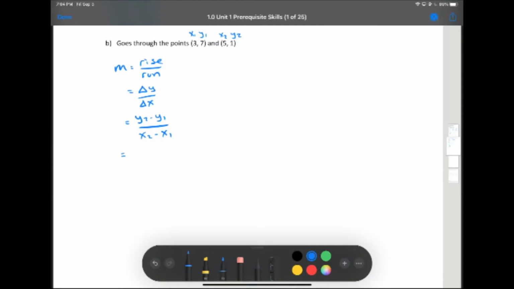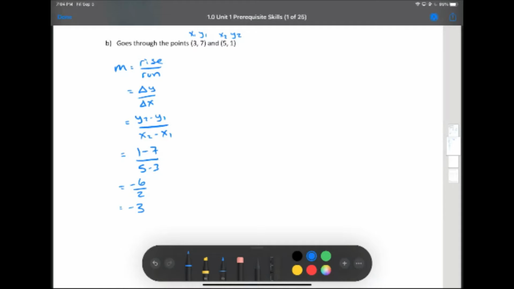And then when I plug stuff in, I get 1 minus 7 over 5 minus 3 equals negative 6 over 2, which is negative 3. So that gives me my slope.